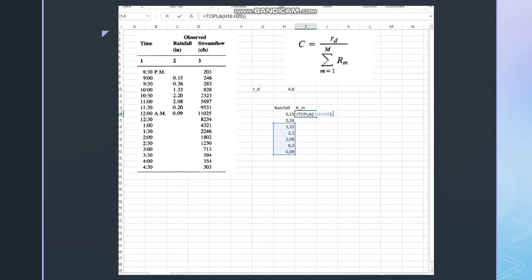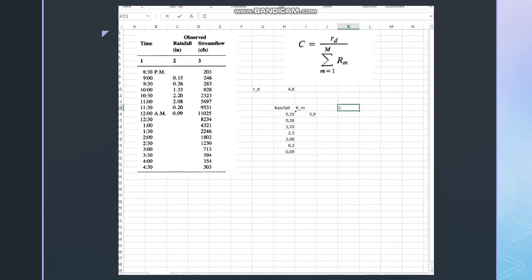Then after that it starts the direct runoff, or surface water, surface flow, overland flow. So what happened here? I put an extra parenthesis. Okay, 5.9 is our answer.